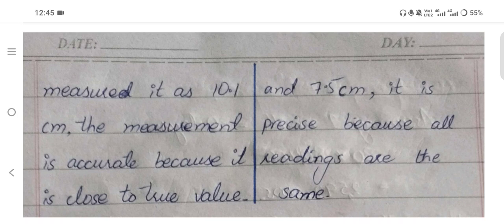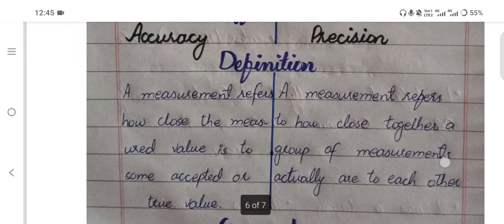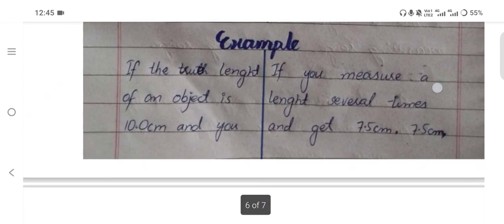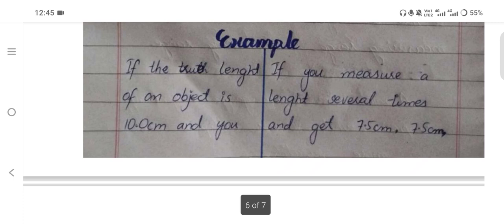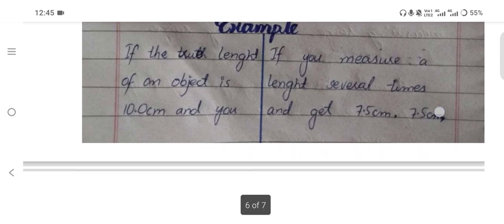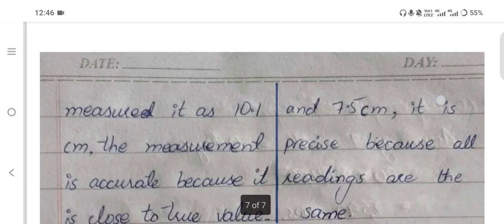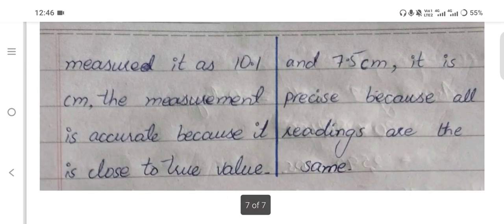But for accuracy, if the true length of an object is 10.0 centimeter and your measurement is 10.1 centimeter, the measurement is accurate because it is close to the true value.